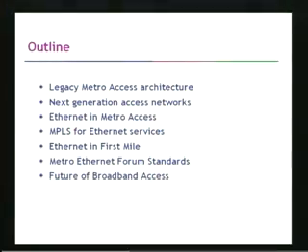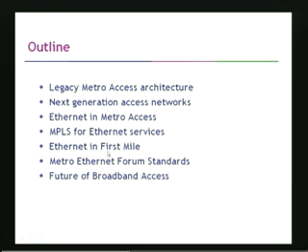So, the outline of our talk is that we will talk first about the legacy metro access architectures, then we will talk about the next generation access networks. Then we will talk about Ethernet in the metro access. We will see what is the role of MPLS for various Ethernet services.